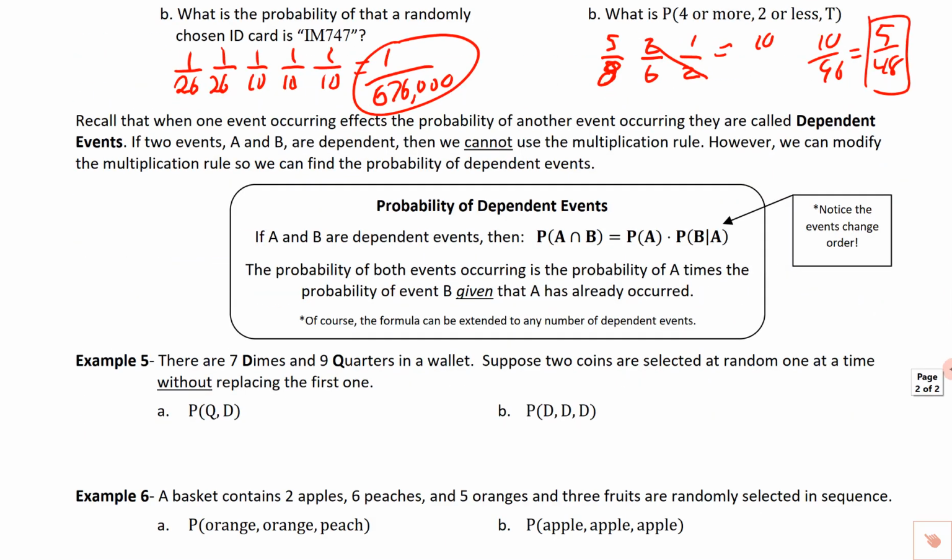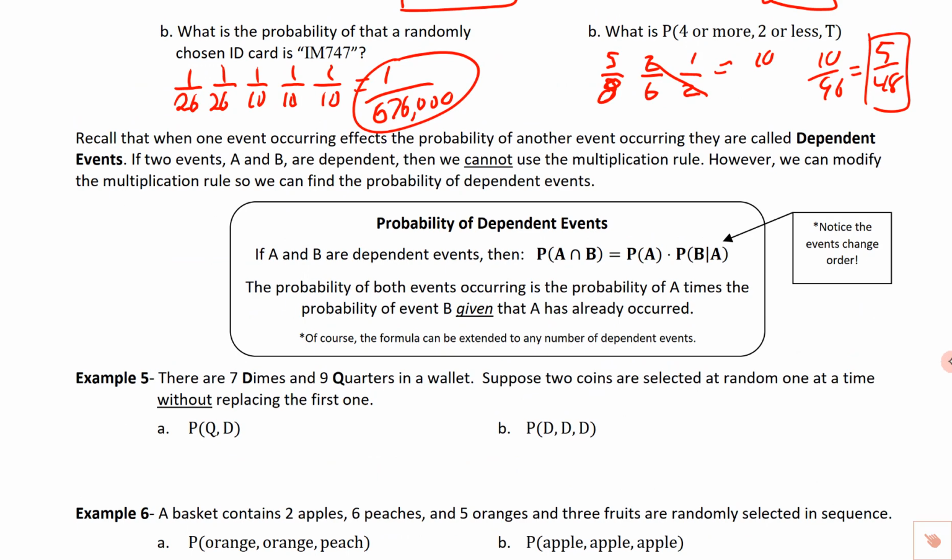Okay, so let's talk about dependent events. We've calculated these before, but we haven't talked specifically about a rule. You can't use the multiplication rule because it only works with independent events, but we can modify it just a little bit.